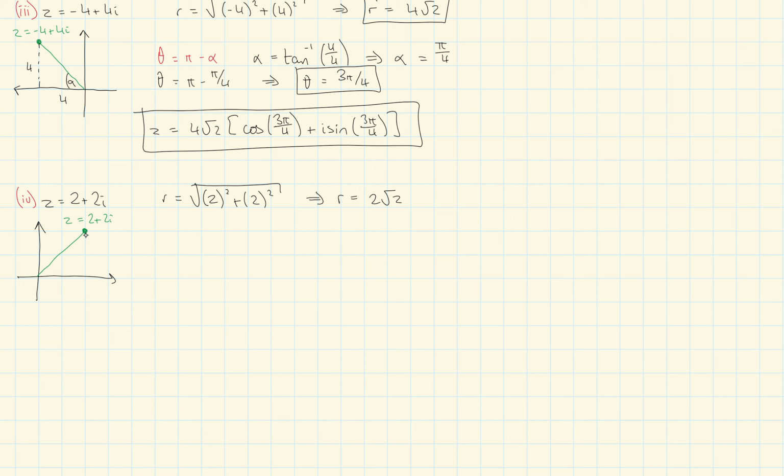Here's my modulus. My angle is 2 and 2. So for both approaches it's the same here. So for theta we get pi over 4, and into polar form, we get z equals 2 root 2 times cos pi over 4 plus i sine pi over 4.